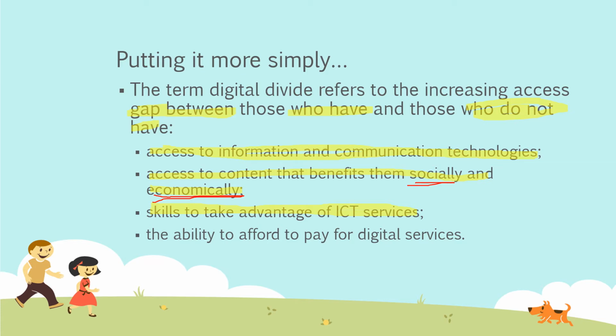And of course it's about money, the budget, whether they have the ability to pay for digital services or not. For example, in Hong Kong, the situation of your broadband service, the situation of the smartphone, and so on.